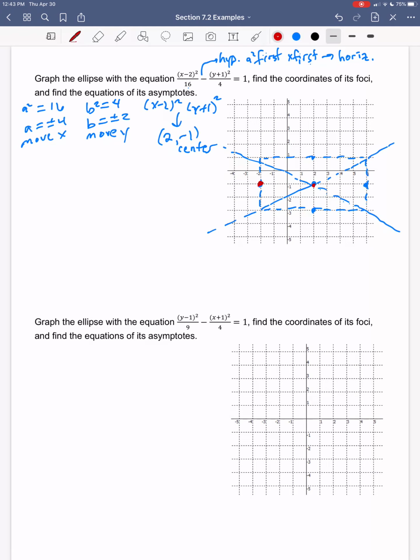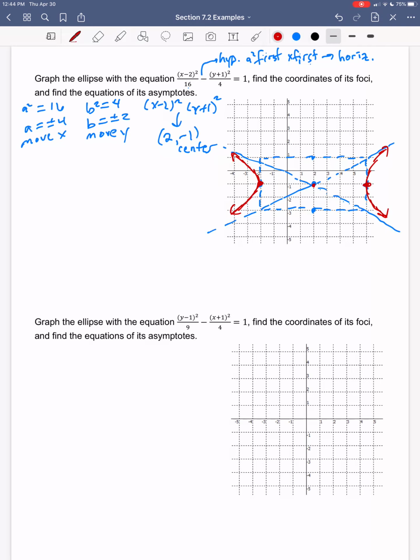So my one vertex is going to be over there, my other vertex is going to be here. The hyperbola always starts at the vertex, it curves away from the box and along the asymptote. I'm running out of graph over here, but that's okay. So that's what the hyperbola would look like.